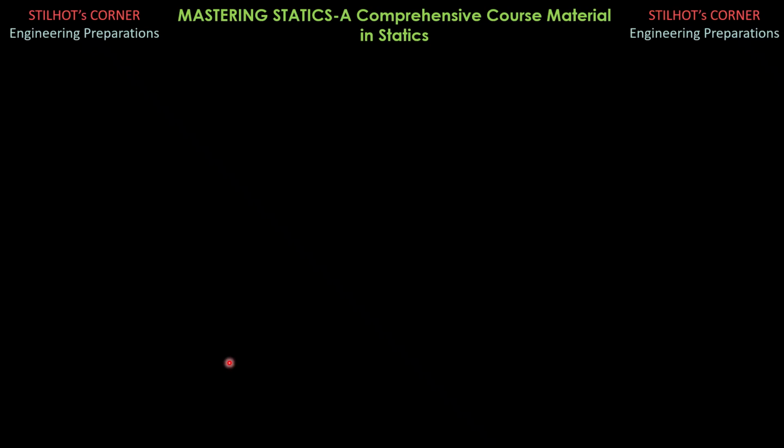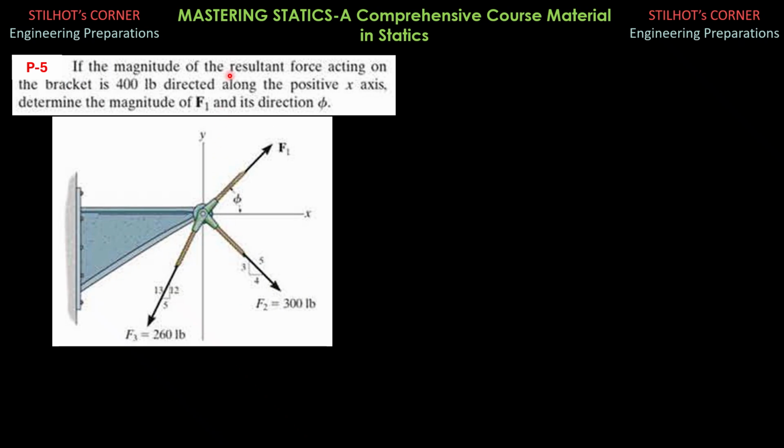Problem 5. If the magnitude of the resultant force acting on the bracket is 400 pounds directed along the positive x-axis, in that direction, so there's no y component of the resultant.